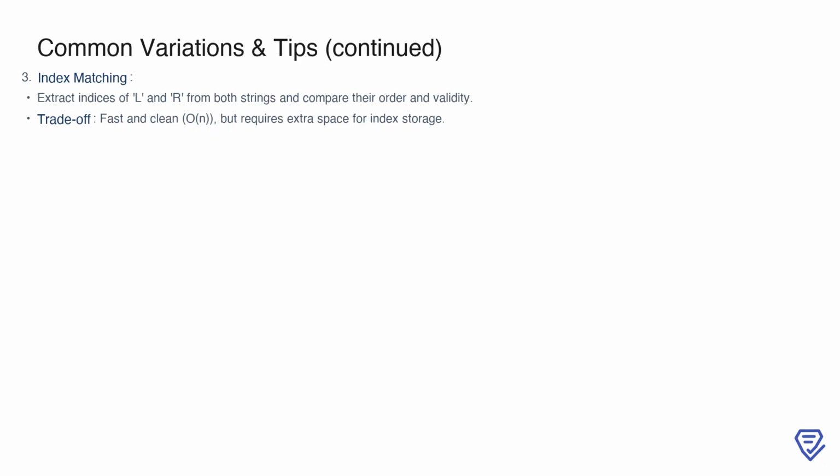This approach involves extracting the indices of L and R from both the start and target strings and comparing them to ensure their order and positions are valid. This method is both fast and clean, with a time complexity of O(n), although it does require additional space to store the indices. Each of these approaches has its trade-offs, so choose the one that best aligns with the constraints and requirements of the problem.